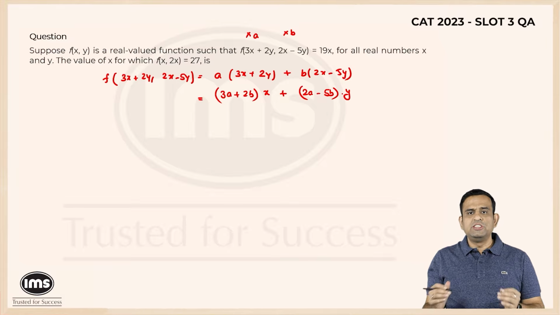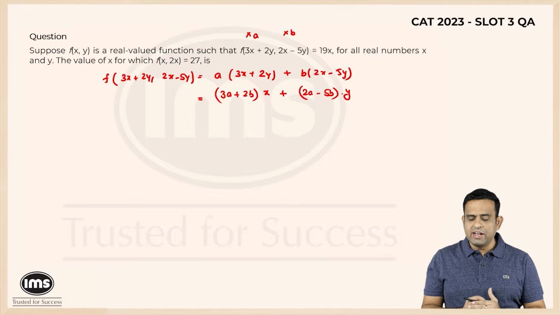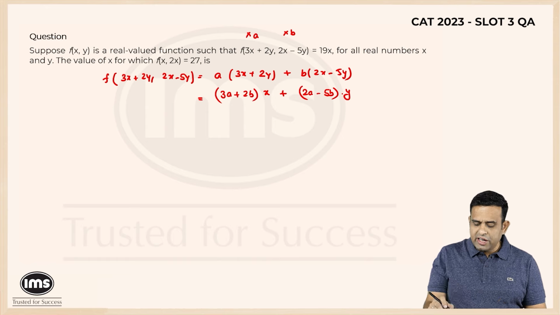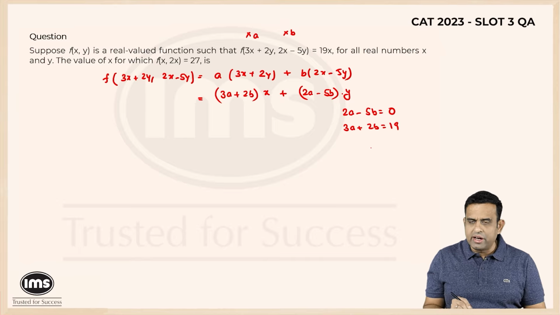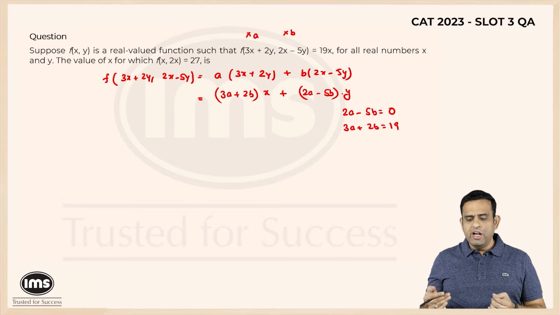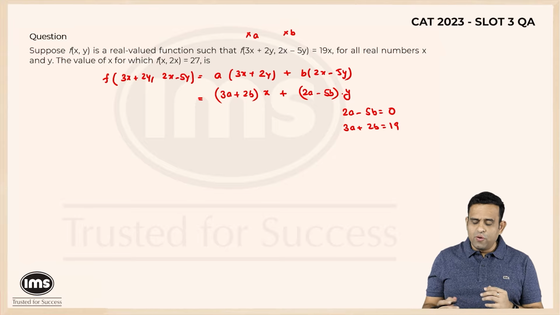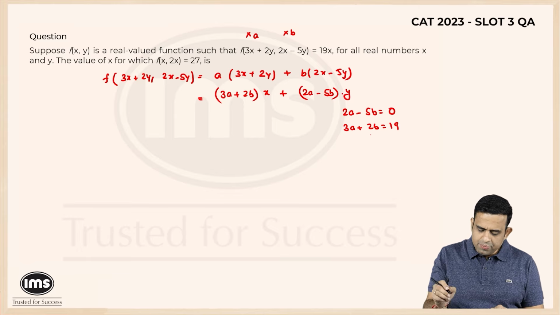Since the function is always equal to 19x, comparing both sides, the coefficient of y needs to be 0. So 2a minus 5b needs to be equal to 0, and the term 3a plus 2b needs to be equal to 19. At this point, we can simply find the values of a and b. Let's eliminate the variable a.